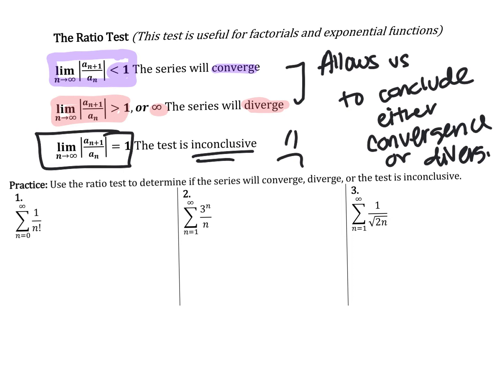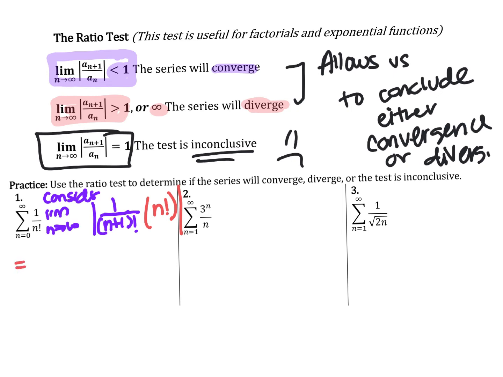So we need to consider the limit as n approaches infinity of the absolute value of, we plug in n plus 1, so n plus 1 factorial, and we multiply that by the reciprocal of the original term, or we divide by a sub n.